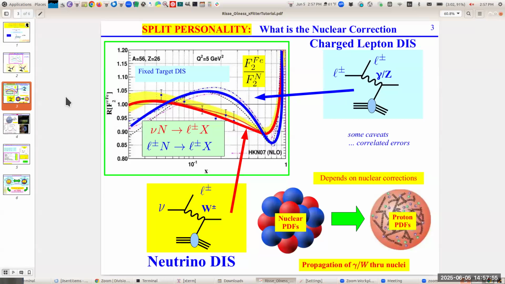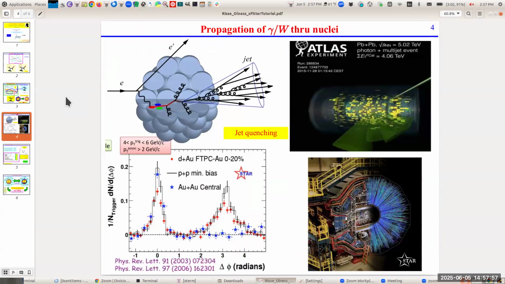So for many years, we puzzled over that. One question you can ask is when you're measuring it on a heavy target, all this stuff is traversing through nuclear matter. Maybe that affects it. In one case, you're probing it with a photon that's neutral, so that'll interact differently than if you have a W boson, which is charged.